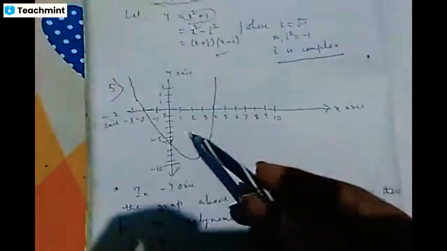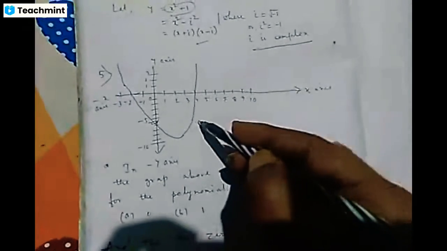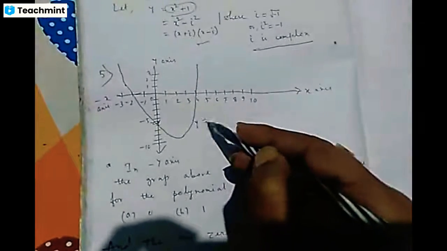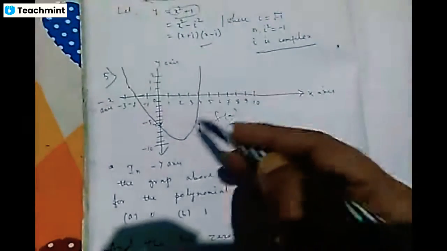Now we go for another problem. The graph is given. You can look at this graph here. It is asked that in the graph given above, how many zeros are there for the curve y is equal to fx. For this graph or polynomial fx, how many zeros?